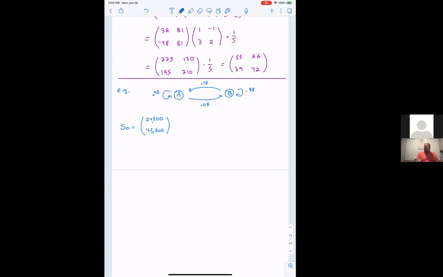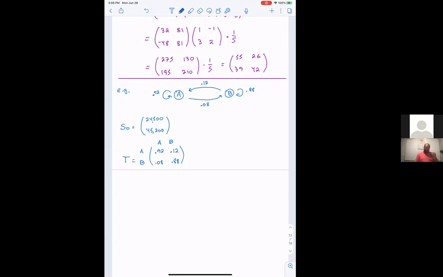So we know already from what we've done before that the transition matrix here, A to A is 0.92, and then of course 0.08 is A to B, and B to A is 0.12, and B to B is 0.88. So we want the steady state vector.